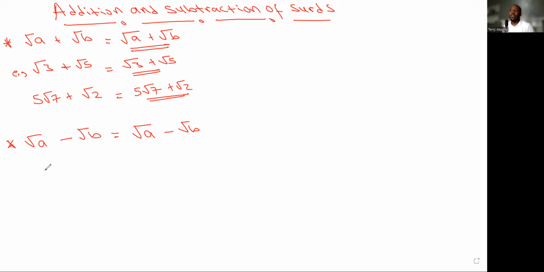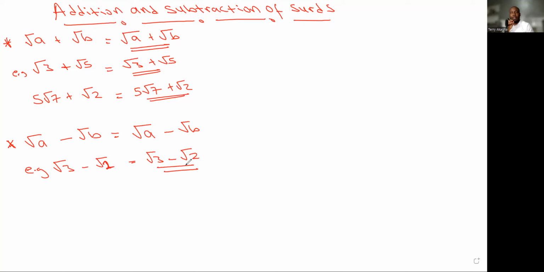Is that okay? For instance, if we had square root of 3 minus square root of 2, you're not going to say 3 minus 2. It's going to be the same thing. Your answer is square root of 3 minus square root of 2.